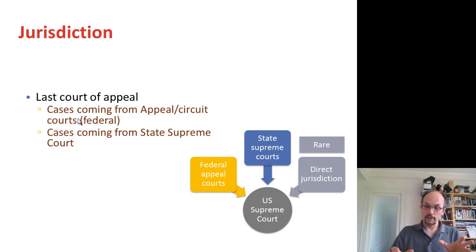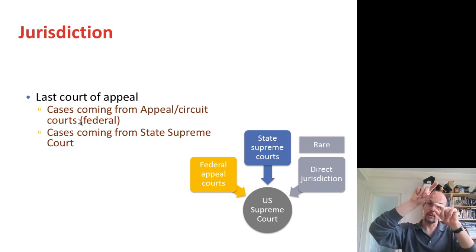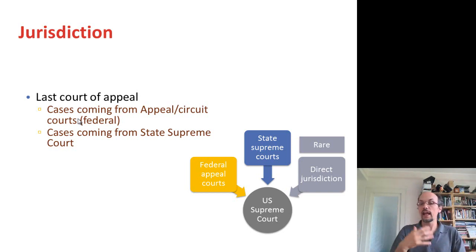It means that if you are in Texas again, and you file a complaint, and it's examined in a Texas court, then a Texas appeal court, then at the level of the Texas Supreme Court. And if you're still dissatisfied, you can appeal to the US Supreme Court. So that's the last level, the court of last resort, the last court of appeal.